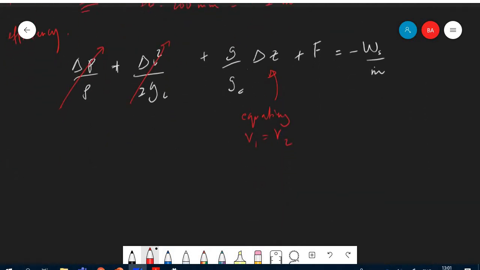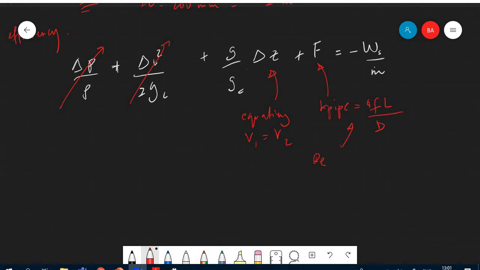I need to find the K pipe, which is the KF, 4FL over D.